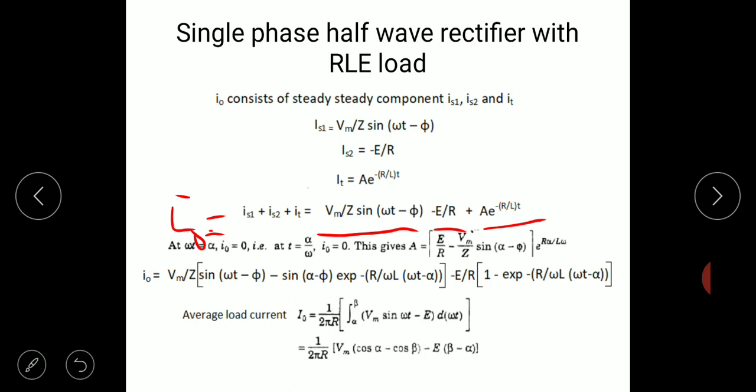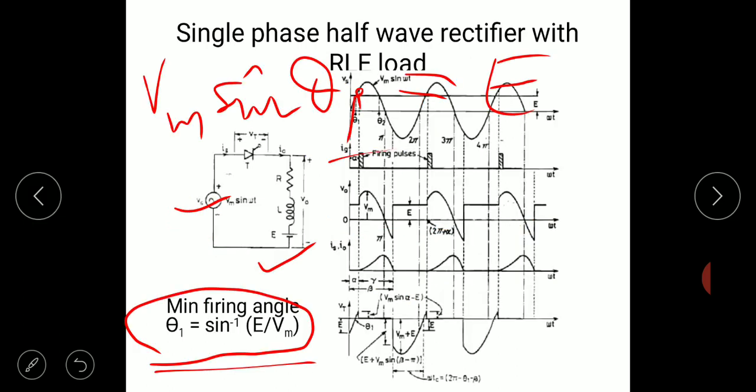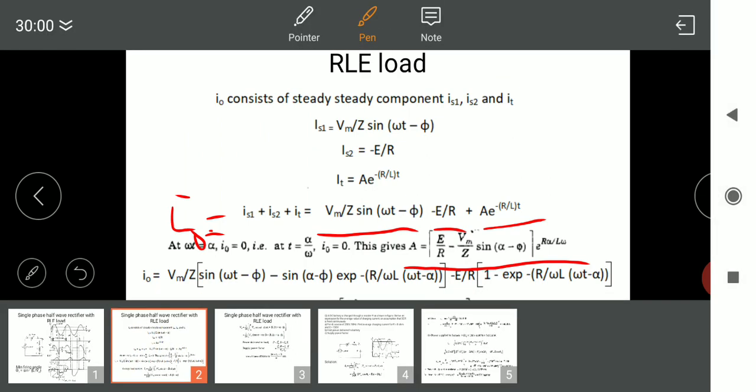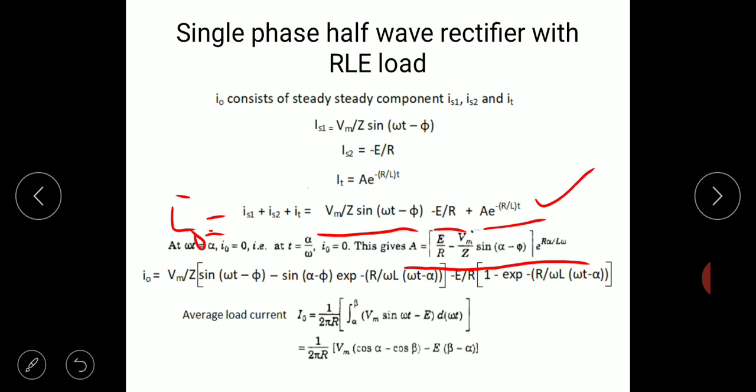If you check the waveform, you can see that at omega t equal to alpha, the current I naught is equal to 0. So by putting this, we can determine the expression of capital A, and by putting capital A in the above equation, we will get the total expression of I naught in this form.